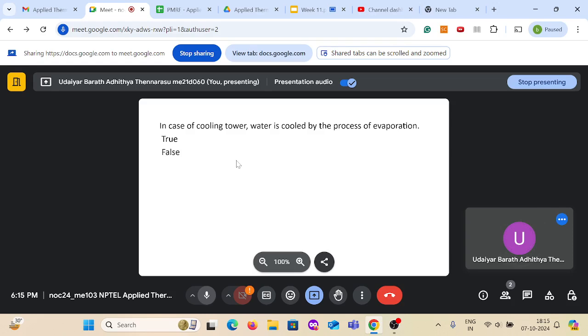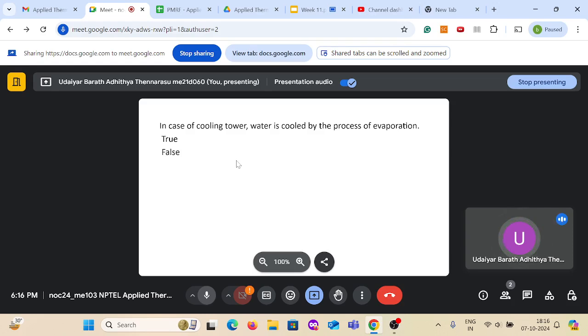The question is, in case of a cooling tower, water is cooled by the process of evaporation. A is true, B is false. What happens in a cooling tower is you have fans which create flow from bottom to top, and from the top you are sprinkling water, so the water droplets fall down due to gravity while air flows in the opposite direction.